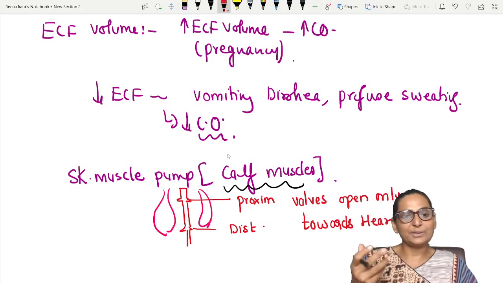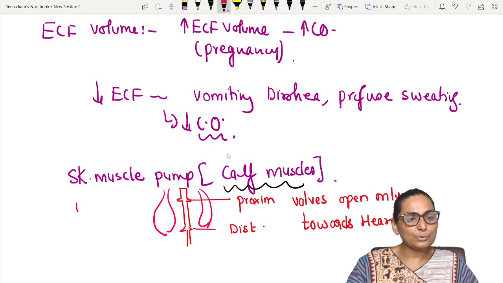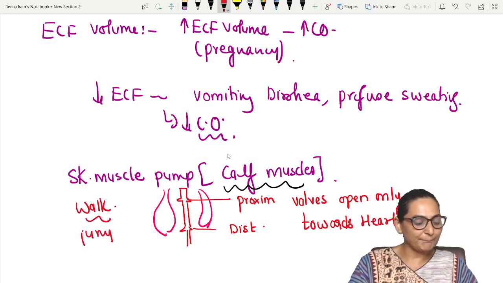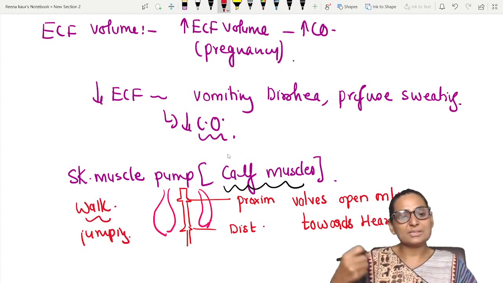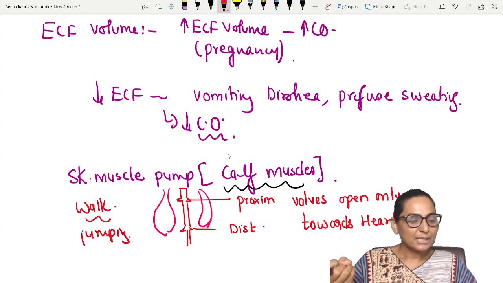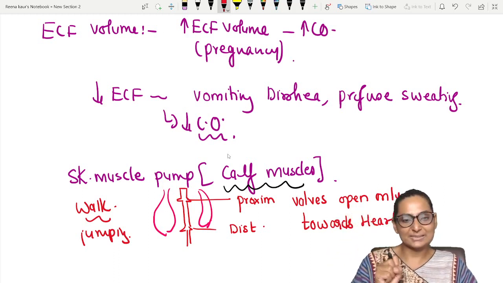So with any activity that increases skeletal muscle contraction, for example, even a simple walk, or jumping, any kind of exercise where you are causing the skeletal muscle to contract, what will happen? They will compress the veins.